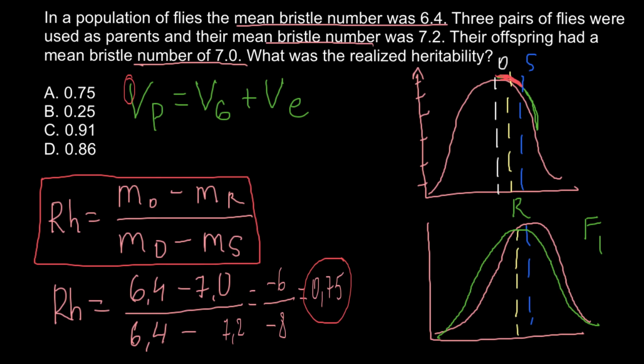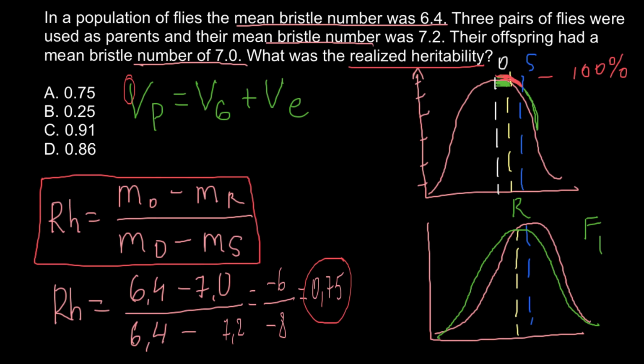So if we say this fragment would be 100%, with realized heritability we are looking at this fragment between the mean of the original population and the mean of response to selection.